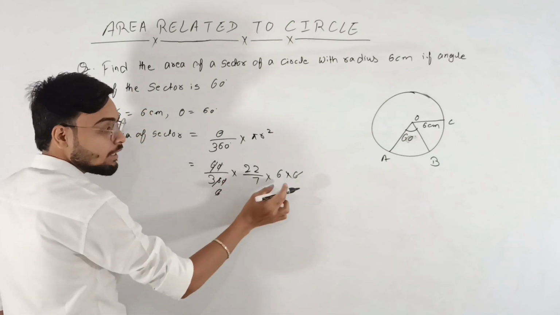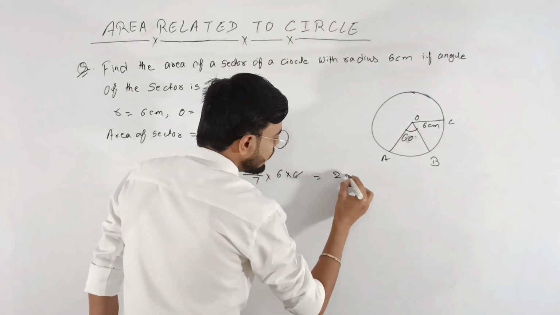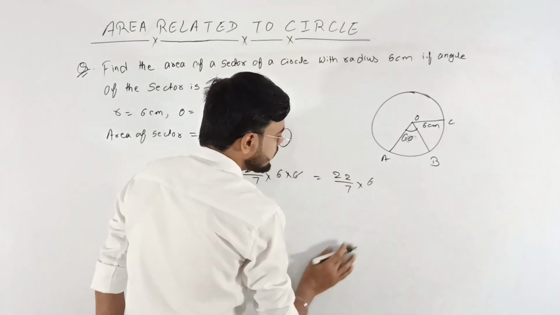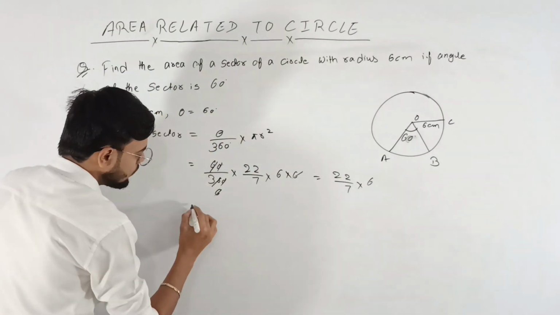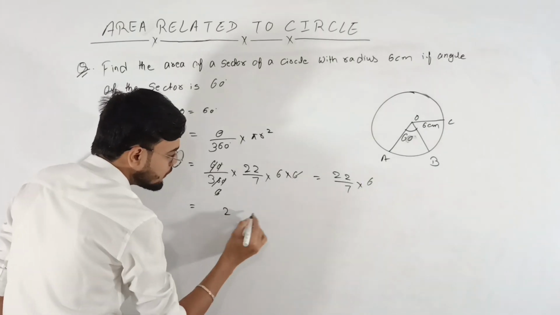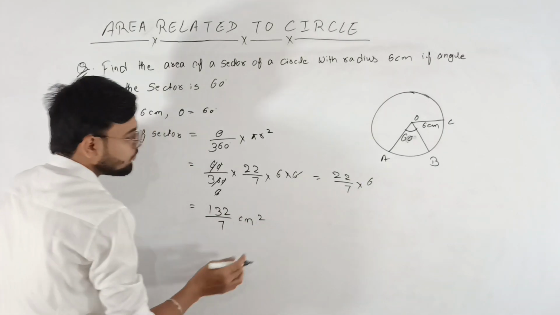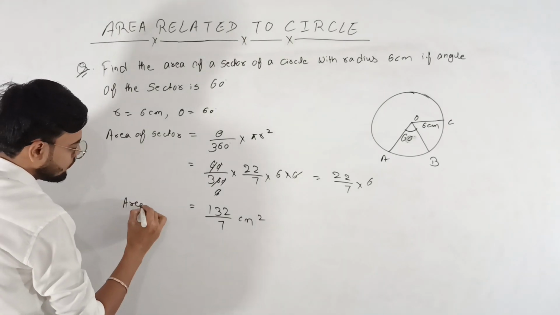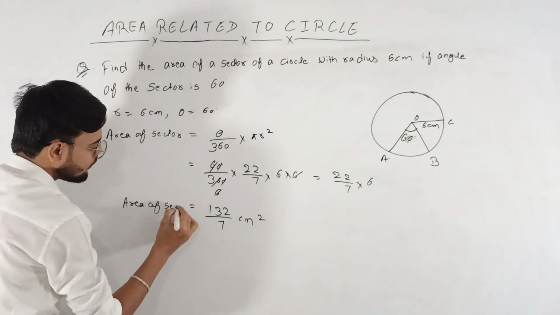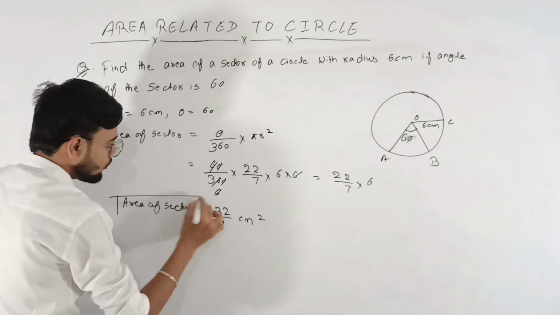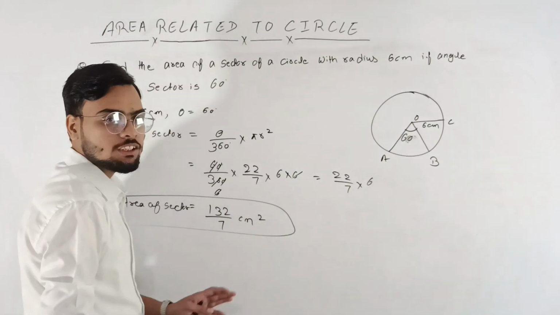So what do we have? 22 by 7 into 6. Now we multiply this. 6 2s are 12, 6 1s are 6, 12 plus 1 is 13, upon 7. This is the area of this sector, which is 132 upon 7 centimeter square.